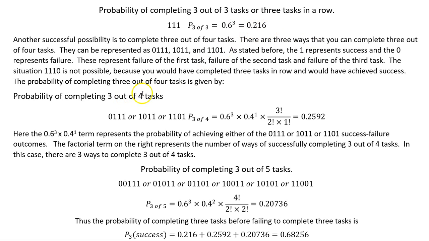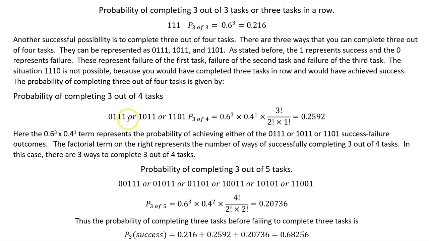But you can complete 3 out of 4, and this would be failure, success, success, success, success, failure, success, success, success, success, failure, success. You see the failure comes first, second, and third, all right? It can't come last. You have to be successful in the last one, otherwise you will have already completed 3 successes in a row. As I said, the 1 can't come at the end.